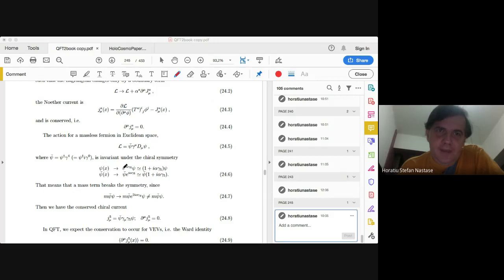So psi dagger will go into the dagger of this thing, which is psi dagger times e to the i alpha gamma 5 dagger, but gamma 5 dagger is gamma 5, so this is psi bar e to the i alpha gamma 5. Right, and so the variation of psi bar at the infinitesimal level is also psi bar times i alpha gamma 5.